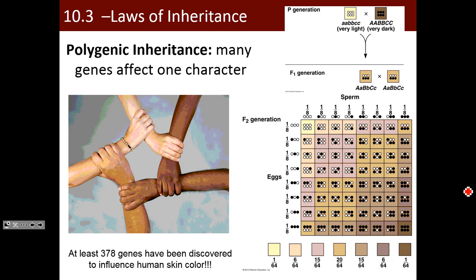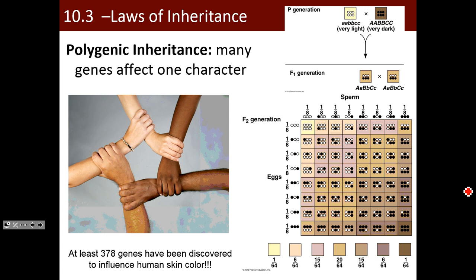Okay. The next thing that we have to mention is polygenic inheritance. In all of the things that we think about in humans, like our physical features, if we're going to describe somebody, like what's on your driver's license, hair color, eye color, height, right? All of those things that we think about as human phenotypes are almost all polygenic inheritance, which just means that many genes affect one character.